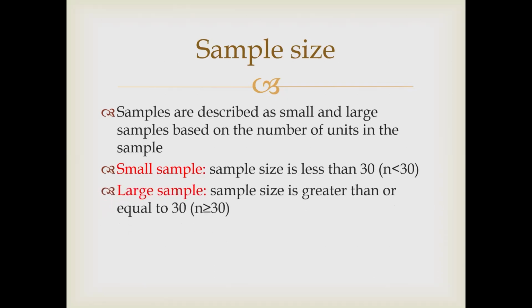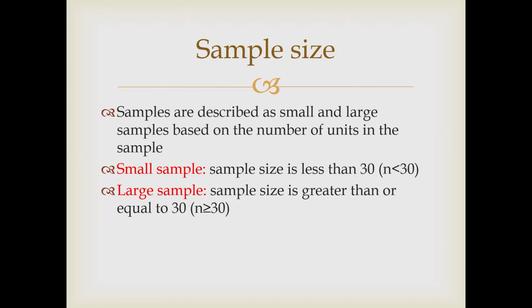For a large sample, the sample size is greater than or equal to 30. So if the sample size is greater than or equal to 30, we say it is a large sample. If it is less than 30, we say it is a small sample in statistics.